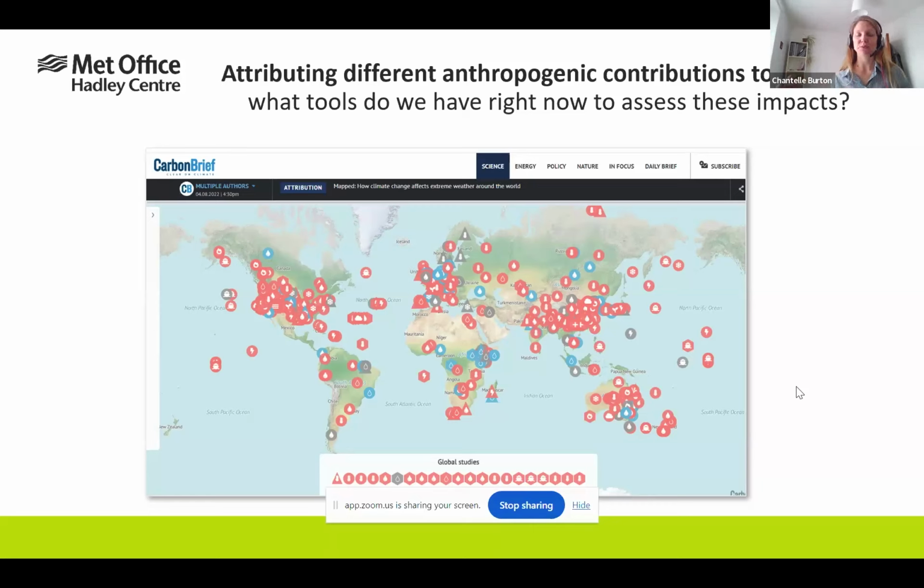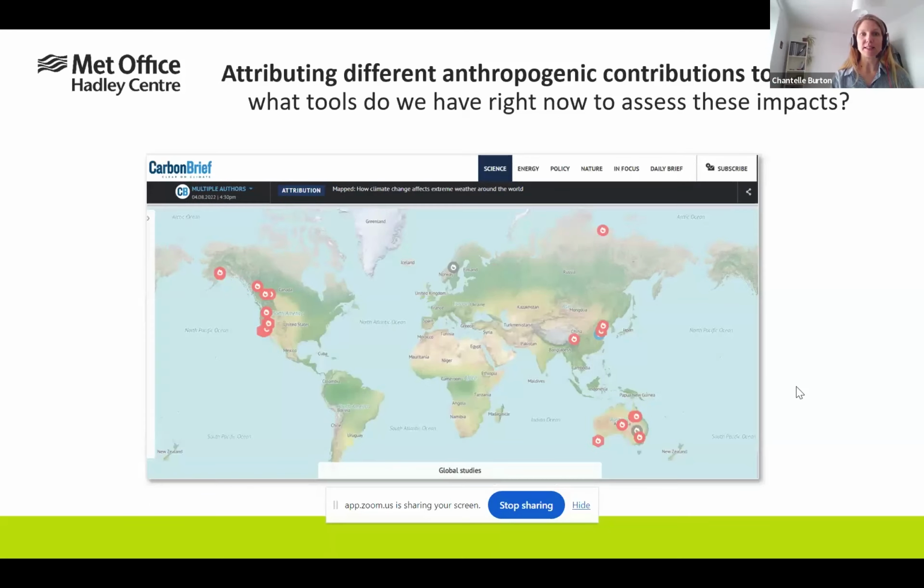So you can see it's very widely distributed across the world, and each icon represents a different type of attribution or event, covering heat waves, flooding, drought, storms, cold, snow and ice, and fire. But if we take away all of these other types of attribution studies and just look at fire, there are actually very few attribution studies that specifically focus on fire.